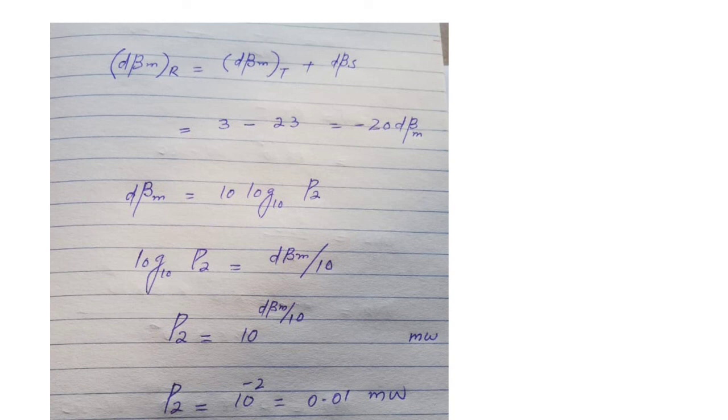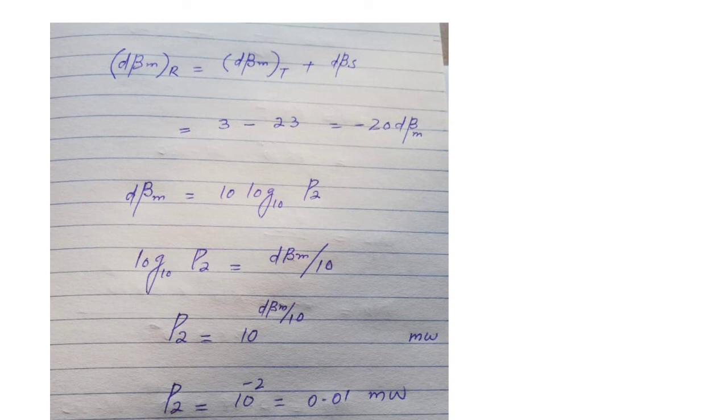If we multiply both sides of the equation by 10, we get log of P2 equal to dBm divided by 10. If we take anti-log of both sides, P2 will be equal to 10 raised to power dBm by 10, and this P2 will be in milliwatts.